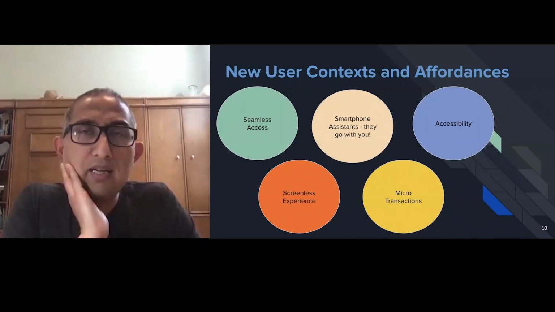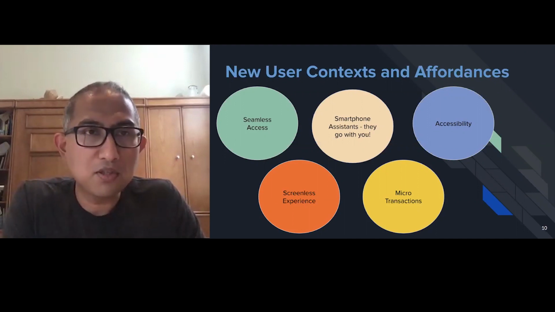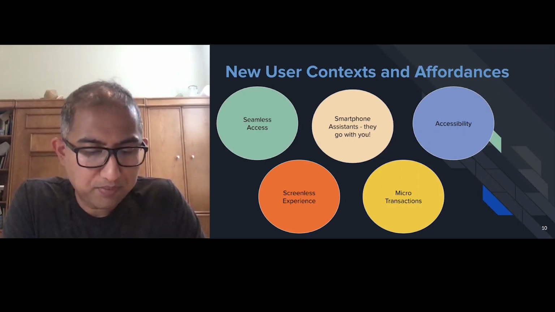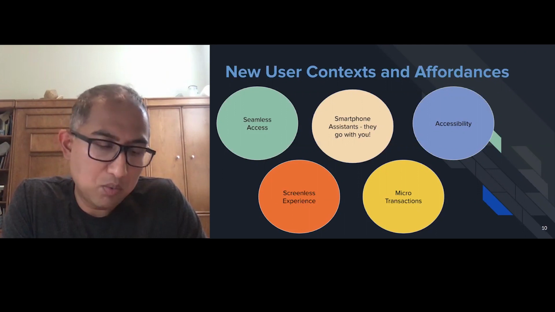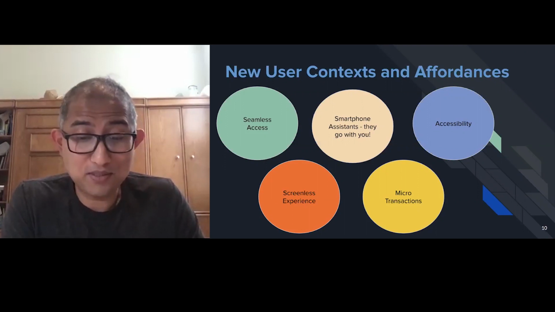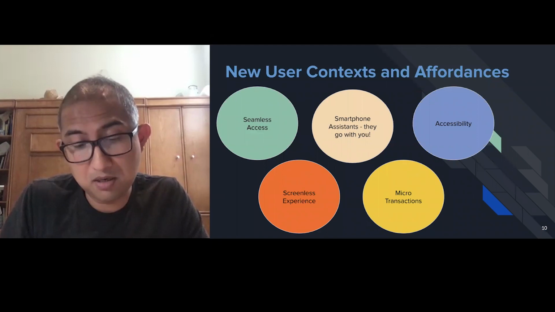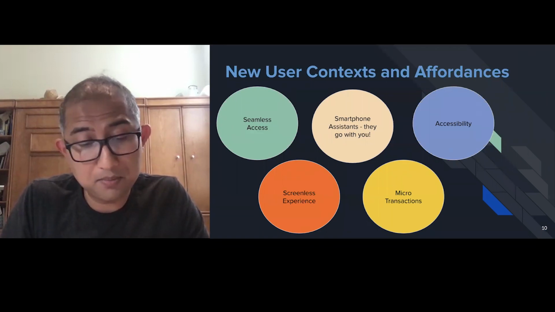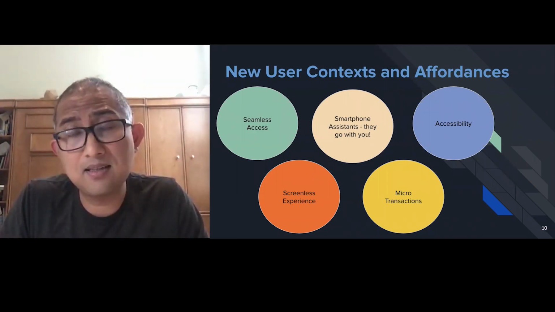So it also provides, as I mentioned, new affordances and new user context. So seamless access, as I mentioned, with voice is a frictionless medium or user interface, right? Most people are now gravitating towards, I want X, Y, Z, wherever I am. This is very important because if you look at a situation when a user doesn't need a mobile phone or a smartphone, for example, waking up in the morning, going to sleep at night, driving, or at group settings, I think this is very important.